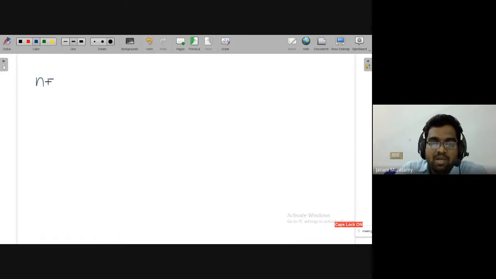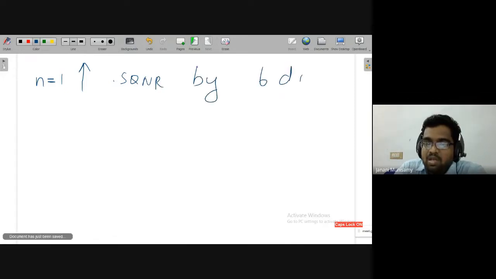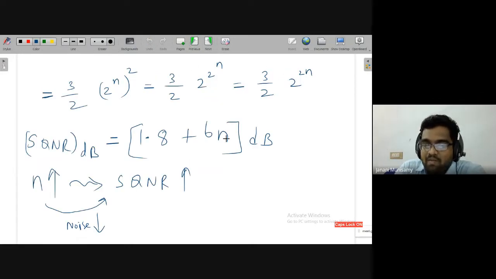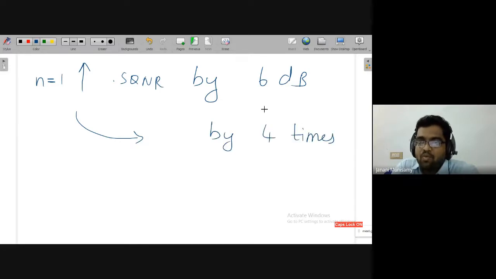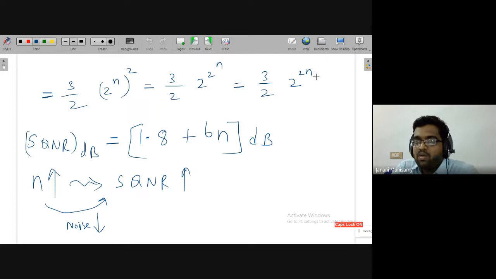Now what is the observation? If I am increasing n by 1 bit, then SQNR will increase by 6 dB. When I put n equal to 1, this is 6 dB plus 1.8. If it is 2, 12 dB. So for every 1 bit increase, the signal to quantization noise ratio increases by 6 dB, or in terms of number, it increases by 4 times. When you put n equal to 1, this gives 4.